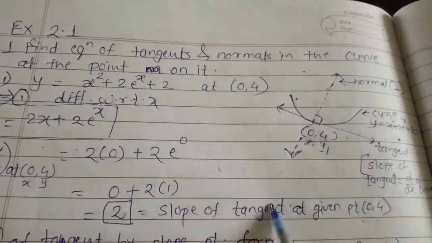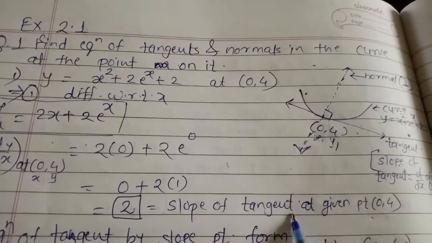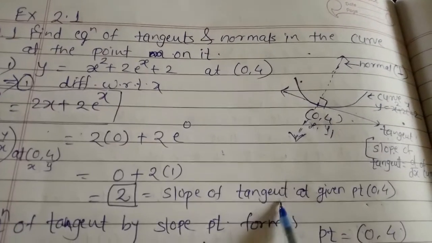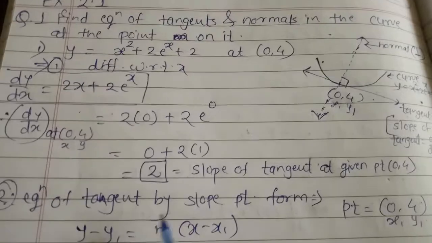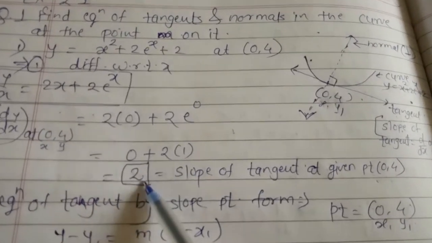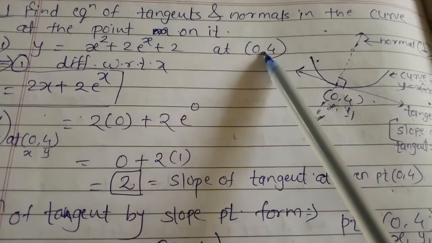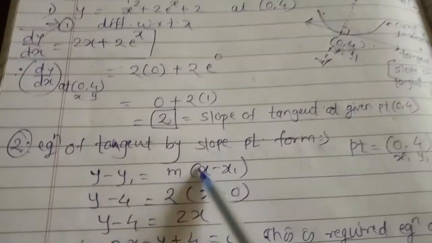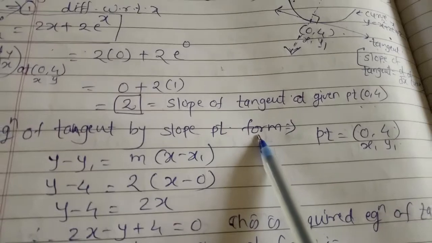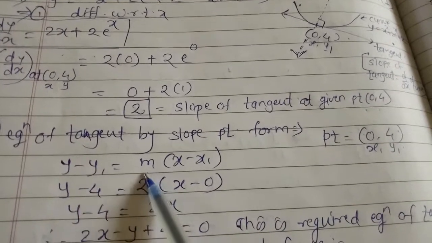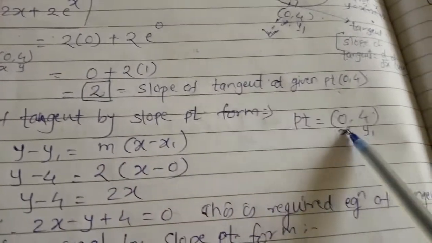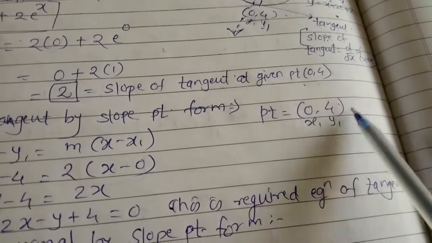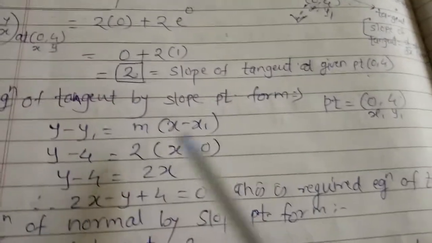So understand. Here we found the slope of the tangent, and after that we can easily find the equation of the tangent by the slope point form, because here we have the slope and we also have the point. So using the slope point form we find the equation of the tangent. By slope point form, y minus y1 is equal to m into bracket x minus x1, and the point is (0, 4). We put the values of x1, y1.